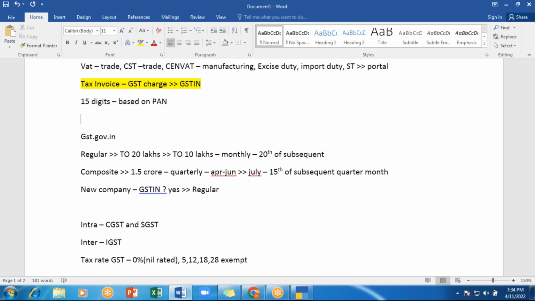Each state is given a unique code from 1 to 36: 01, 02, 03 like this. Karnataka has the state code 29.